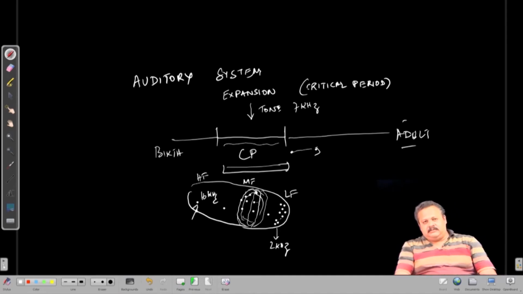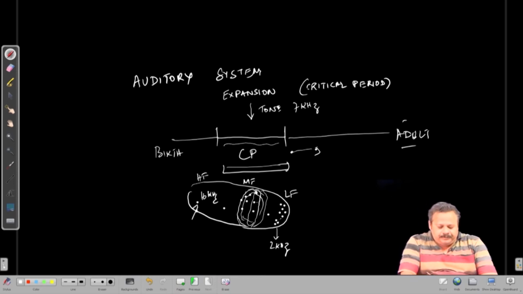In terms of the tonotopy, the representation of other frequencies neighboring 7 kilohertz gets reduced, while the 7 kilohertz expands at the cost of that reduction, and further away there are no changes. So this again is a form of structural plasticity that is caused by activity during the critical period.